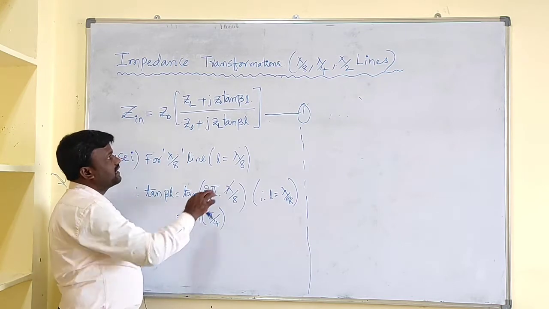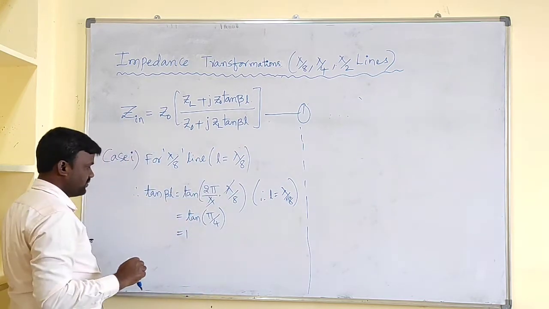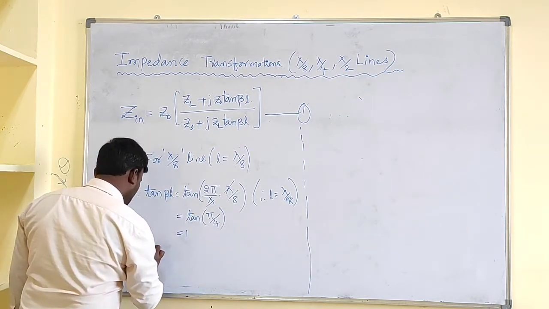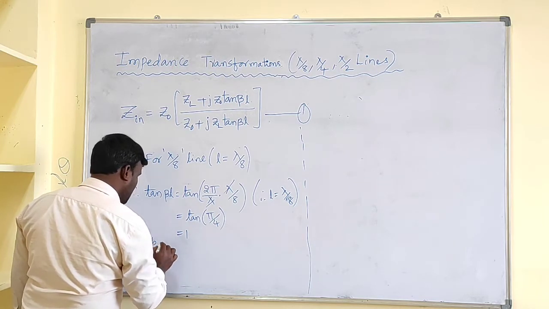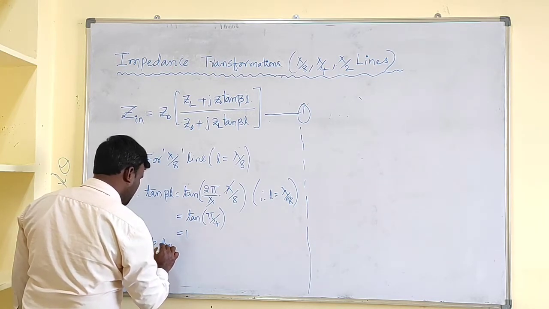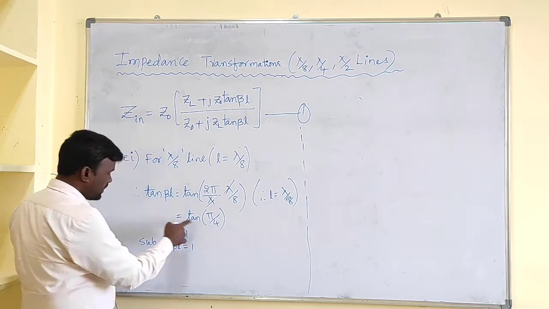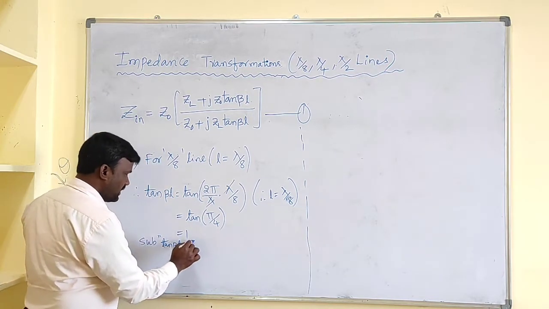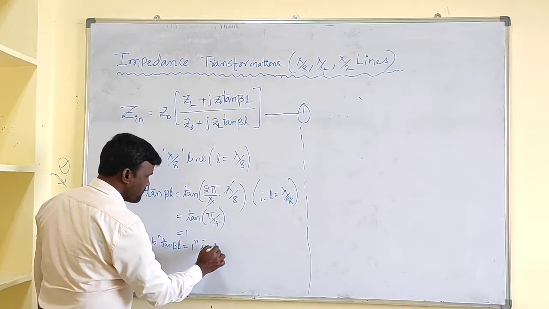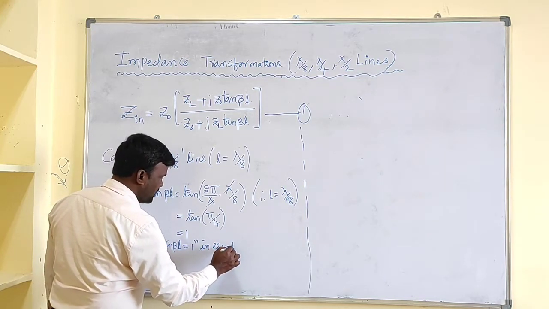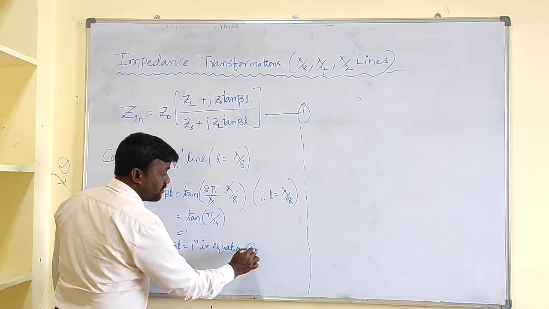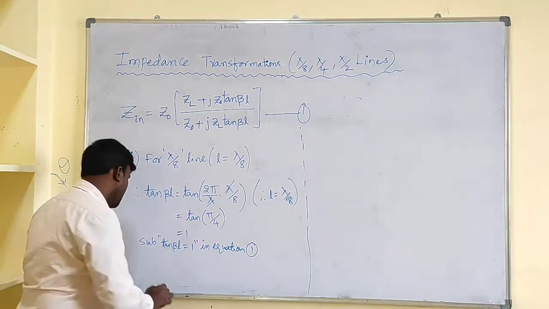Substitute this tan beta L equal to 1 in equation 1 to get the input impedance of the lambda by 8 line.